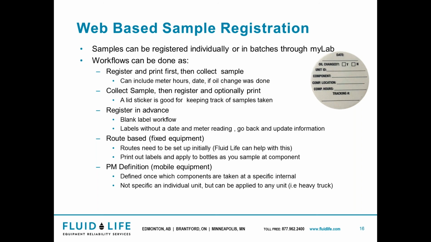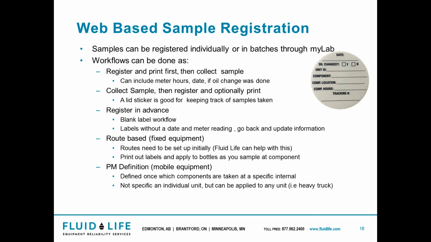Route-based is more for fixed equipment or in-plant sites. Routes need to initially be set up for this though. What you would do is print out the labels and apply them to the bottle as you go and sample at each specific component. Now, PM definition is a little different. It's defined once components are taken at a specific interval and not specified to a specific unit.